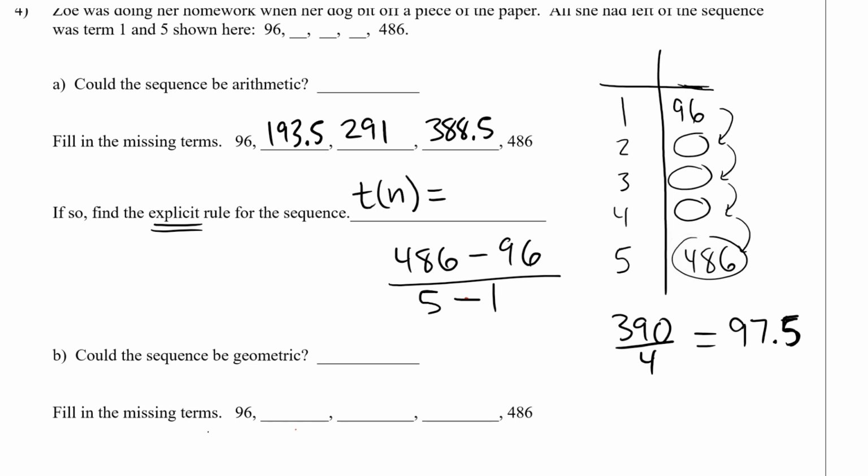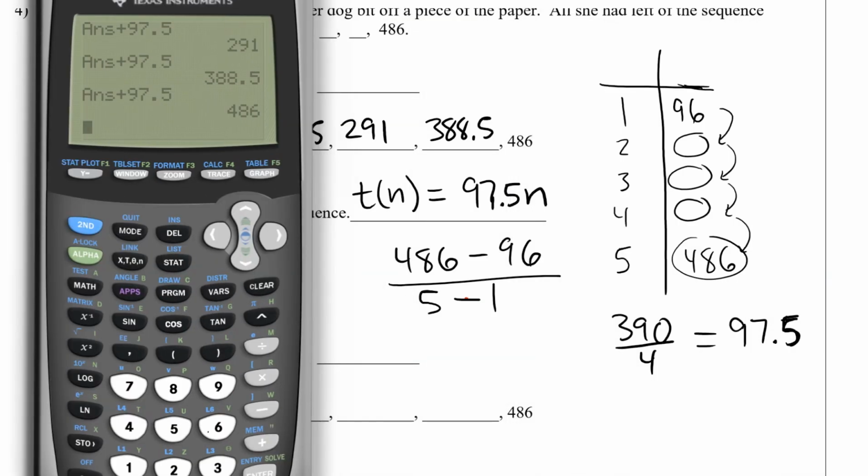So I know that it's going to be 97.5 times n, because I'm adding 97.5 each time. So I'm showing that repeated addition using multiplication. So it's 97.5 times n, and then my 0th term, it's going to be some negative number, and I'm too weak mentally to know this. It's negative 1.5.